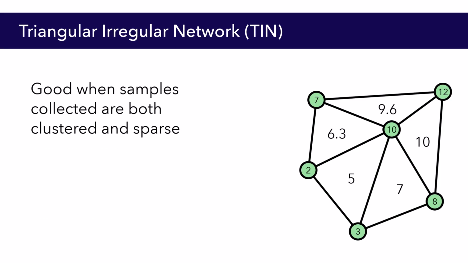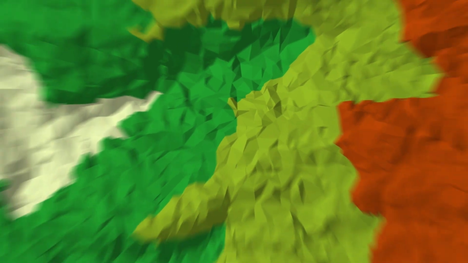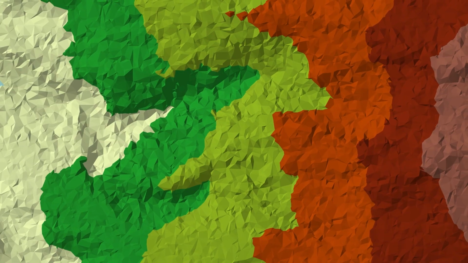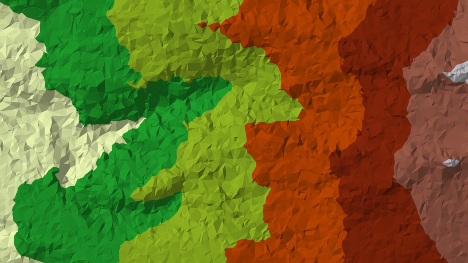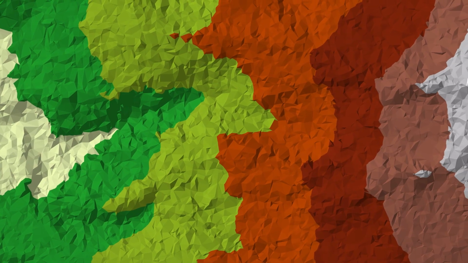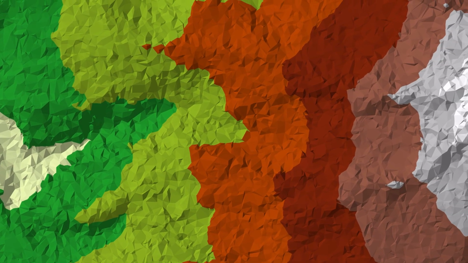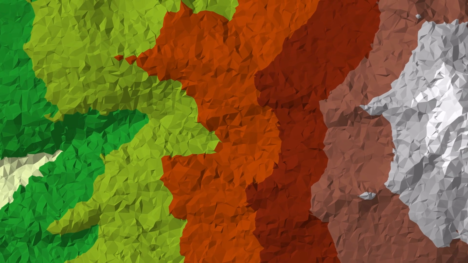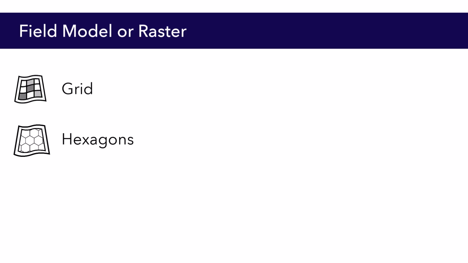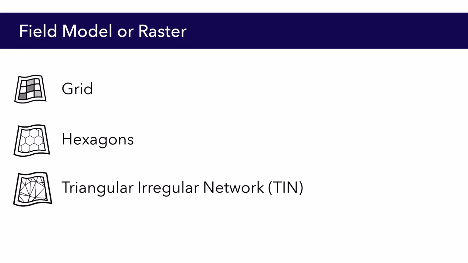This is nice when you have samples that are collected where they're very dense in some locations and very sparse in other places. So you can actually represent how dense your sample is, how much sampling you have, and you don't have to lose that information. We tend to use TINs for things like elevation. It's quite common. But I would say those are the 3 most common ways of representing fields, is to either use a grid, a hexagon, which is growing in popularity, or to use this sort of TIN environment.